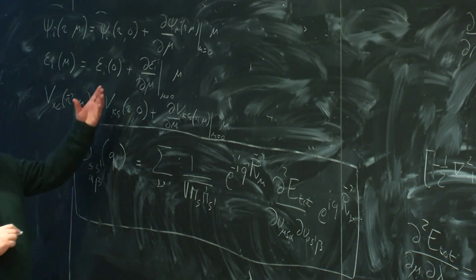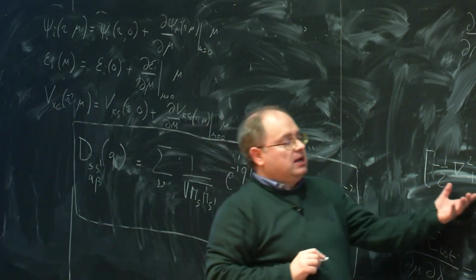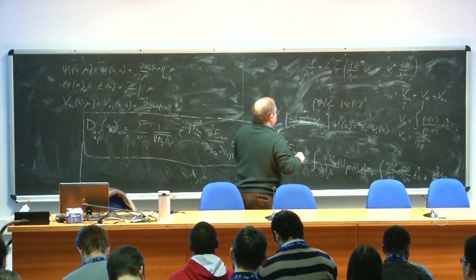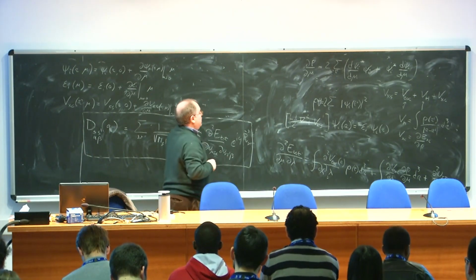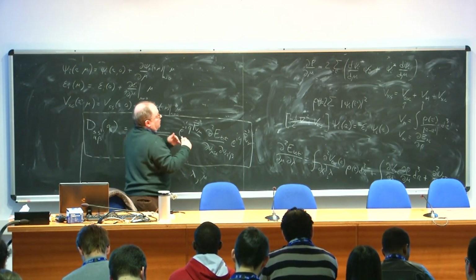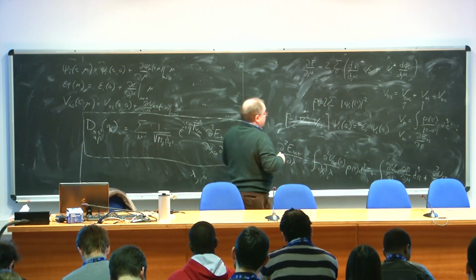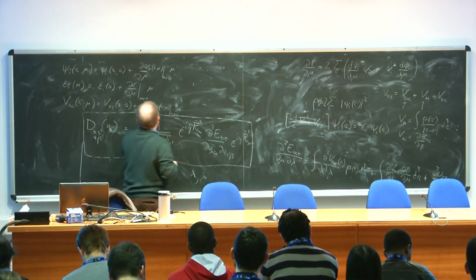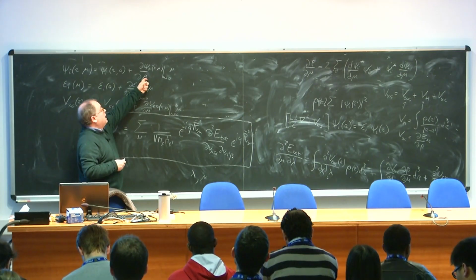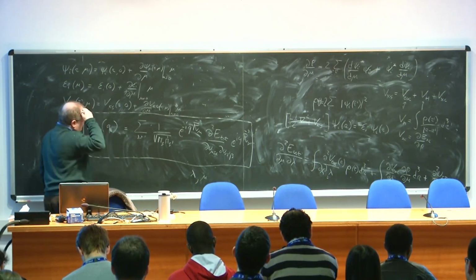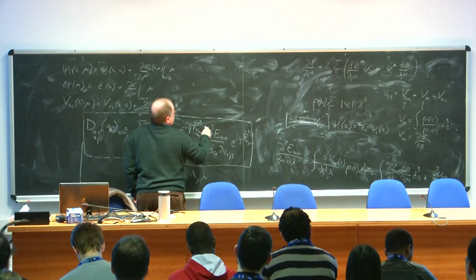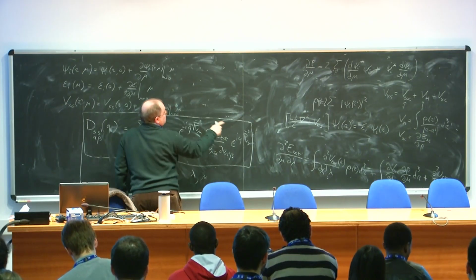And so if we insert this into the Kohn-Sham equation and keep the term at order 0, we get again this kind of equation. At order 1, we get the new equation for the derivative of epsilon i with respect to mu. So let's put this inside there.